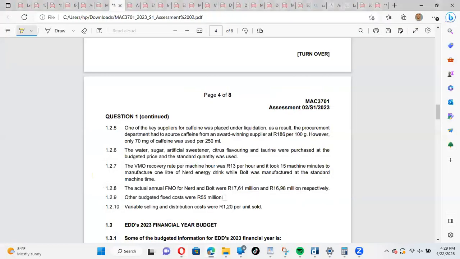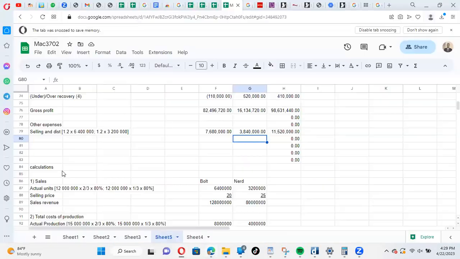We then have the budgeted other fixed costs, fixed costs of 55 million. Other budgeted costs were these ones. So, other fixed costs are 55 million. So are we going to apportion them according to their machine hours, or how are we going to apportion these ones? I think they said machine hours. Yes, they said machine hours.